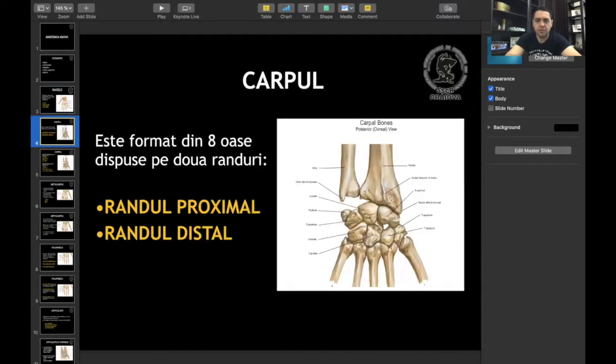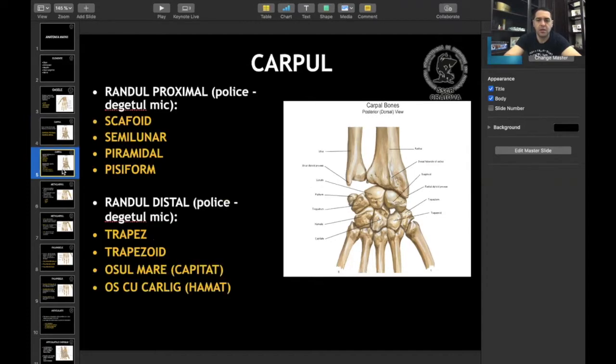Now, the carpus: we have 8 carpal bones, in a proximal level and a distal level. We have scaphoid, semilunate, pyramidal, pisiform, and in the distal row, starting from the radial side, or lateral side, to the medial side, we have another four bones: trapezium, trapezoid, capitate, hamate.